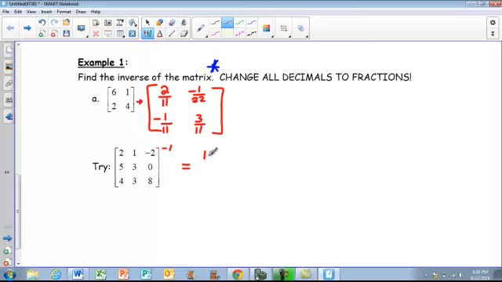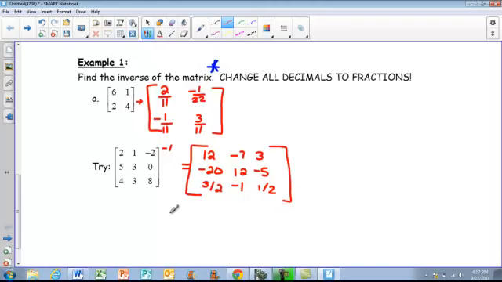So you should have 12, -20, 3/2, -7, 12, -1, 3, -5, and 1/2. So this should be the answer that you have in your calculator for that second one. So again, you're just putting these right into your calculator. We don't have to do anything by hand here.